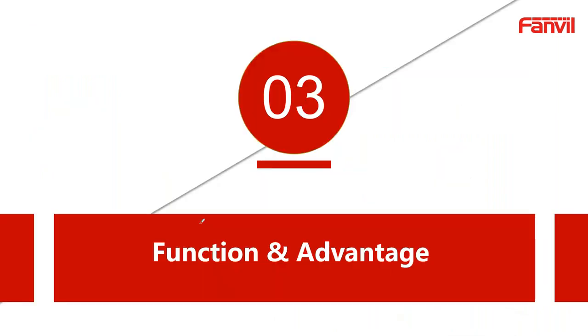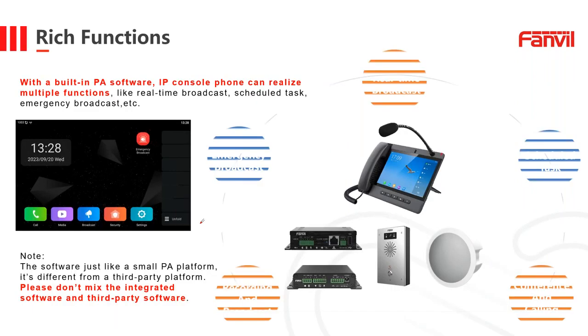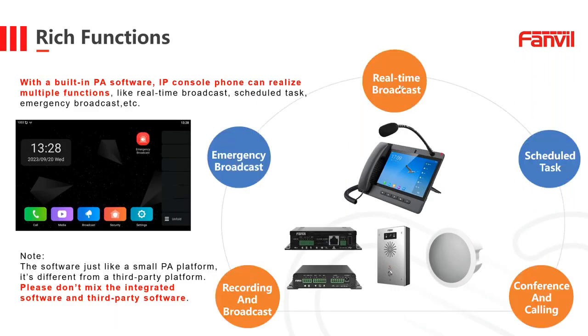So besides being compatible with third parties, the IP console phone solution has its own functions and advantages. First, like I said just before, you can manage broadcast in an integrated software like the picture above. So customers can use it to realize real-time broadcast, emergency broadcast, scheduled tasks, and many other functions.